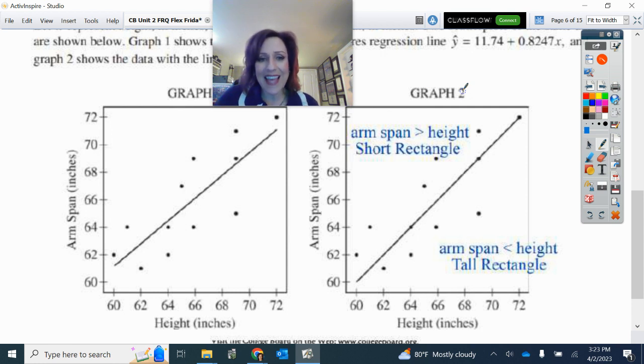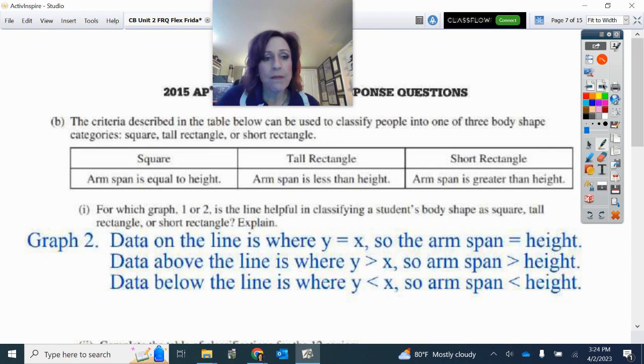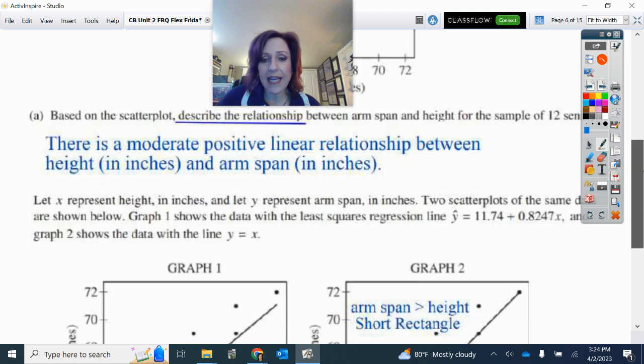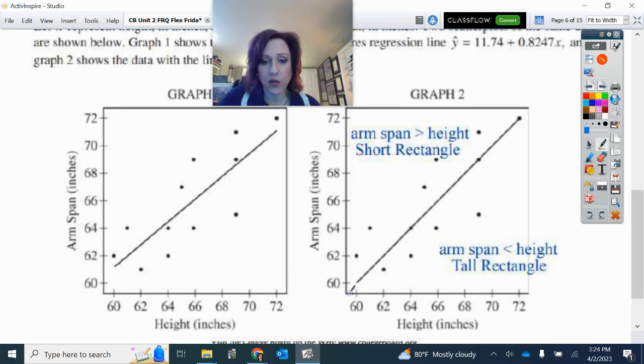The reason that's important is because of the definitions on the next page. The definition of being square is that the arm span is equal to the height. So I can best tell what's going on with this line y equals x, because that would be the arm span, or y, equaling the height, which is the x.